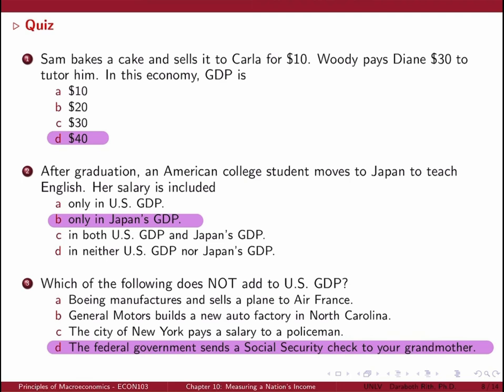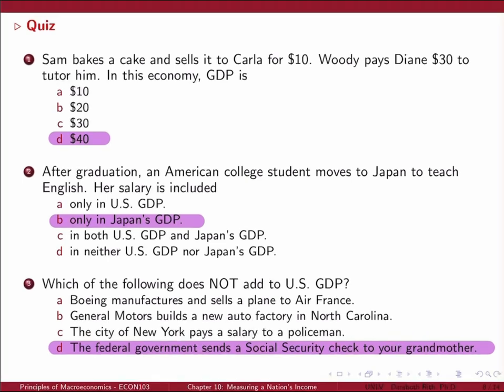B. General Motors builds a new auto factory in North Carolina. GM is a US company, so again, their production sits in the US, and it is US GDP. C. The city of New York pays a salary to a policeman. This is a service conducted in the US city of New York, so it is US GDP.